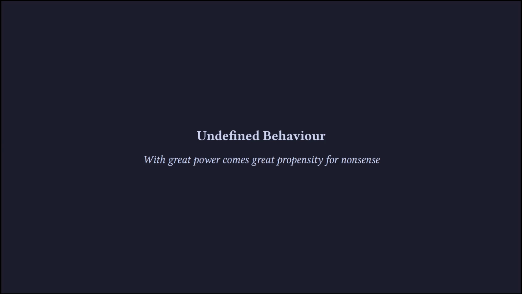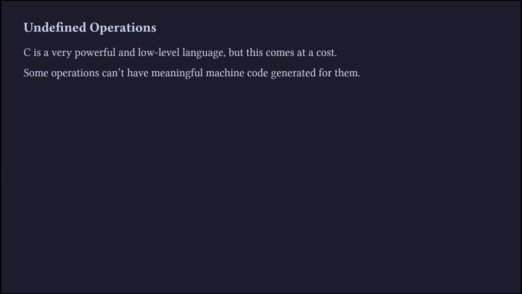And there's a couple of reasons why you don't want it in code. To put it simply, C is really powerful and low level. And because of this, C allows us to write operations that don't necessarily make any sense.